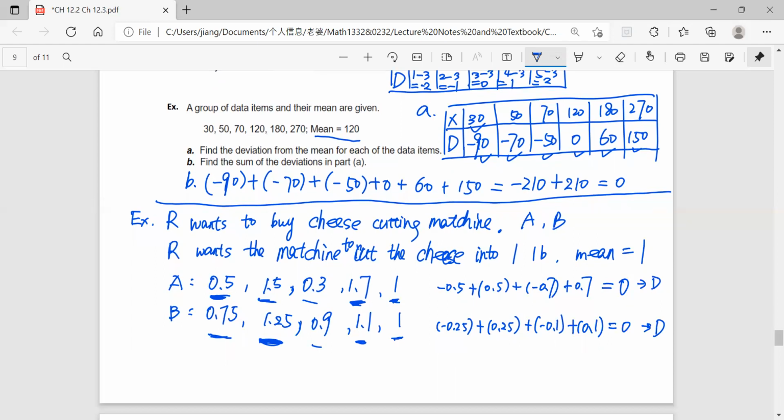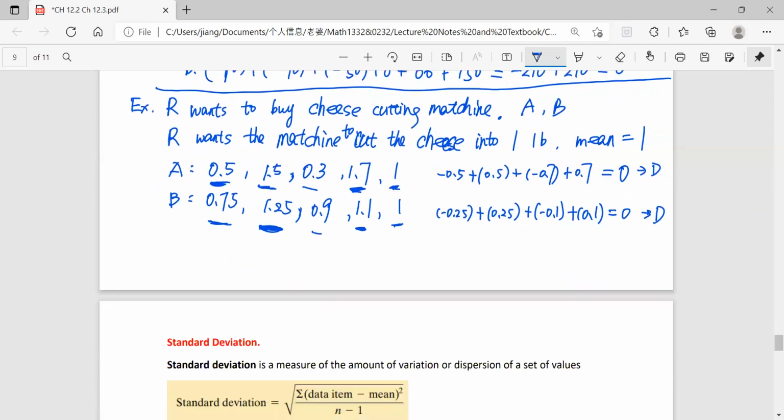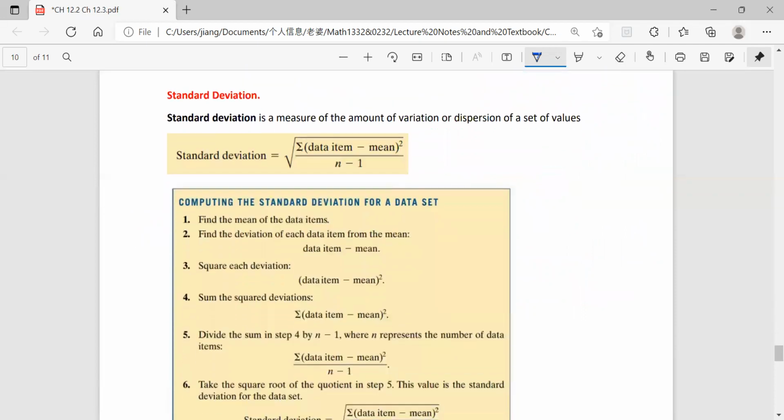If we have a lot of data, like 10,000 data, then you can't see from the data which one is closer to the mean, you must have the standard deviation to help you decide. So next one is the standard deviation. If the standard deviation is small enough, that means the data is close to the mean.